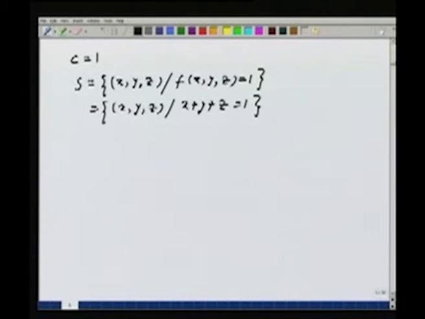Now once I know x and y, I can calculate z from this equation, and you know what exactly this equation represents. It represents a plane. Okay. So that is a surface. Now let us look at some more examples.